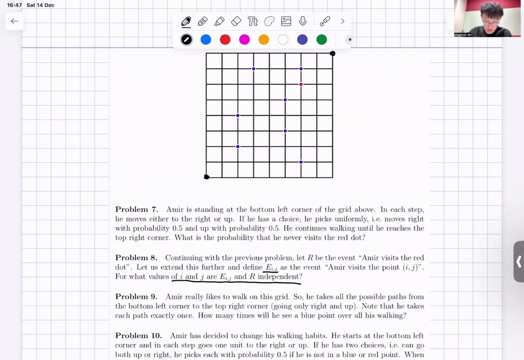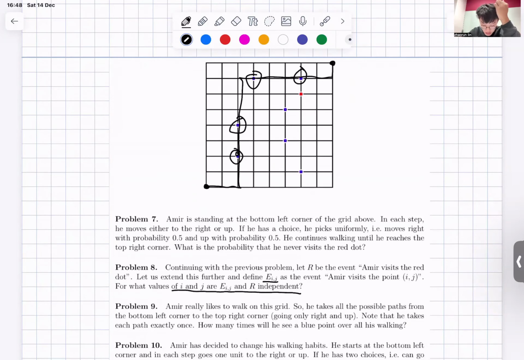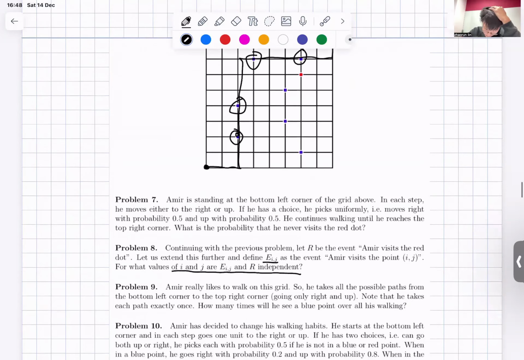One thing to notice is that you may visit several blue points in a single path. So for example, this path has 4 blue points and it should count as 4. So you have visited 4 blue points just in this one path.